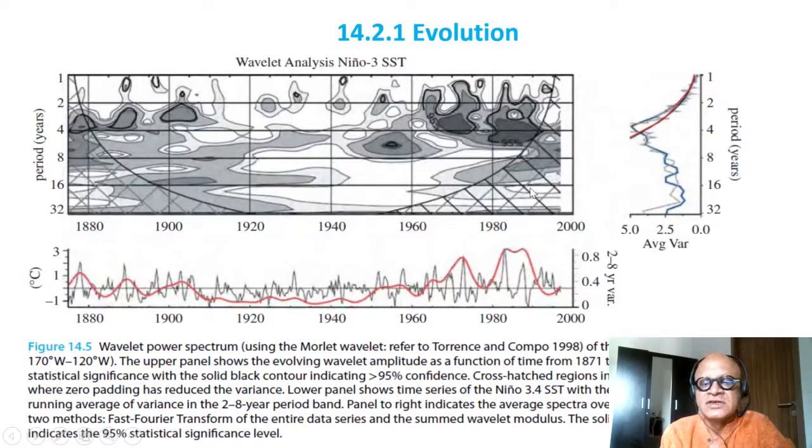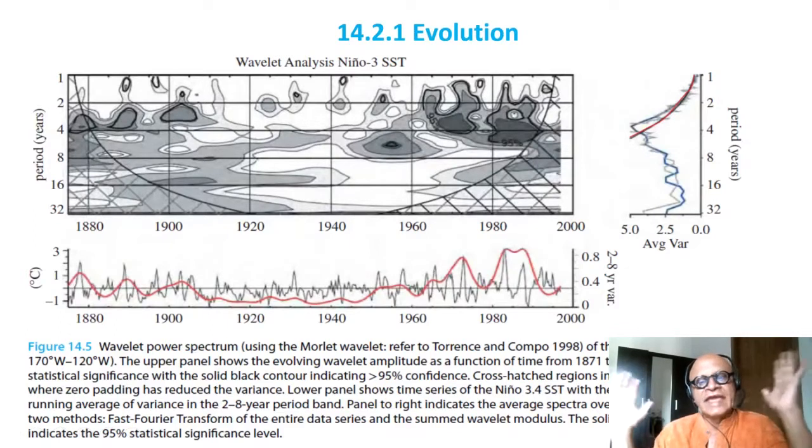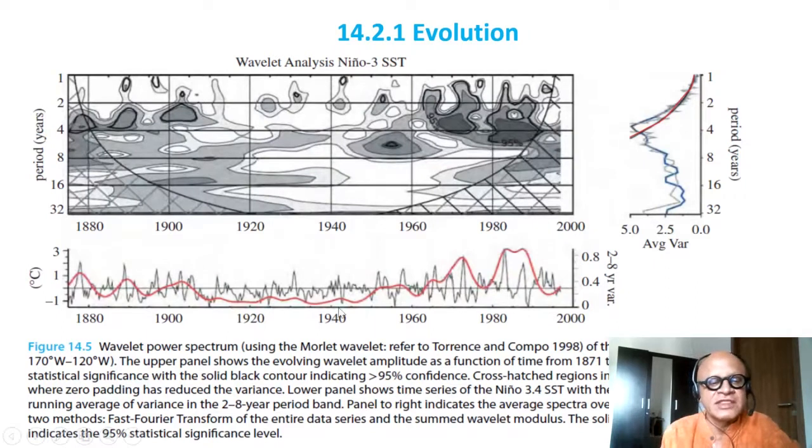Cross-hatched areas indicate the cone of influence where zero padding has reduced the variance. So to do the variance, you need to deal with the ends of the time series to get the time scale. So zero padding is done there, which affects the variance.